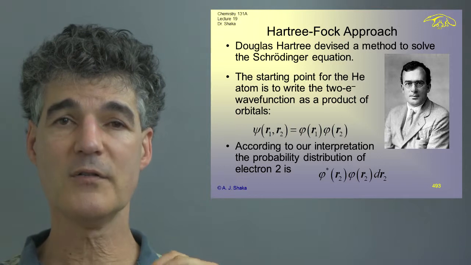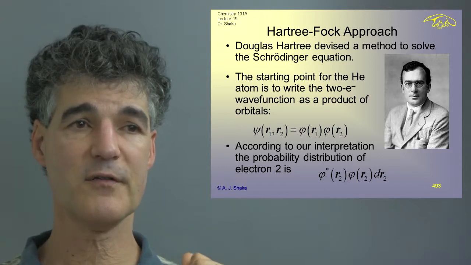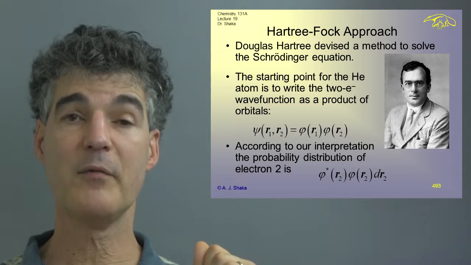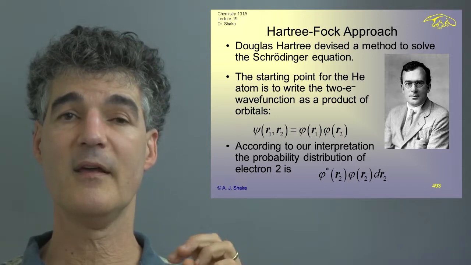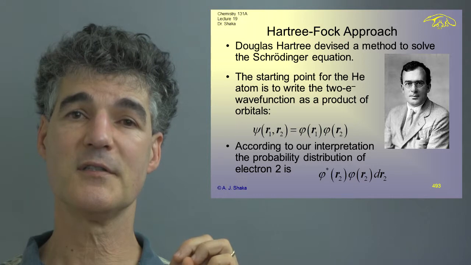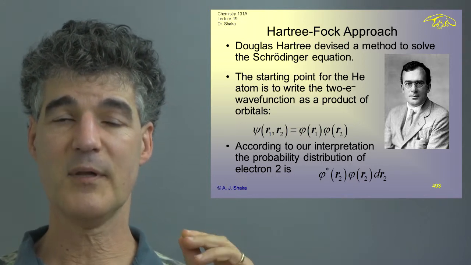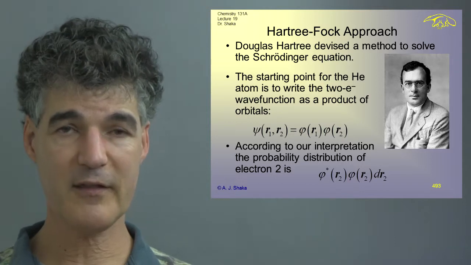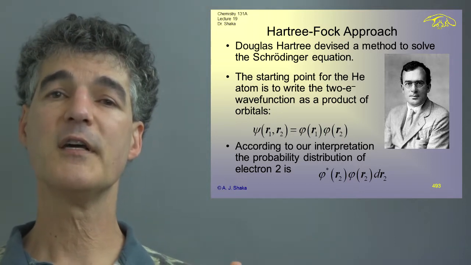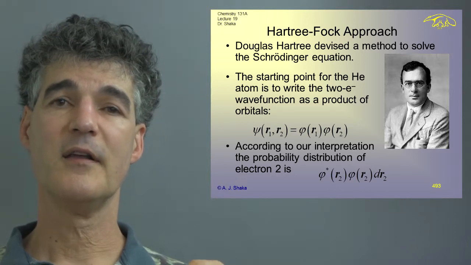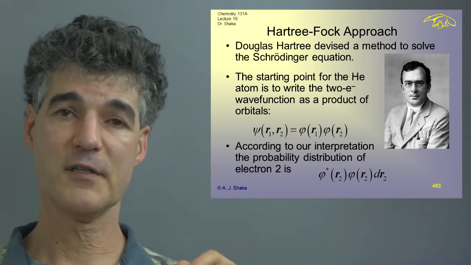And I'll close this lecture by this picture of Douglas Hartree. He met with Niels Bohr. His advisor was Professor Rutherford, and he was very good in math, and he was very interested in this new theory of the atom that Niels Bohr had come up with that was eventually superseded.